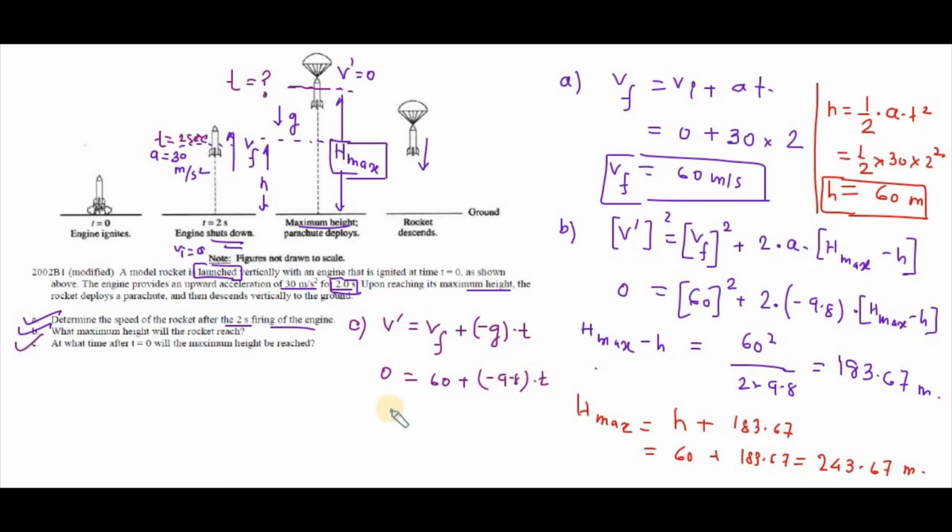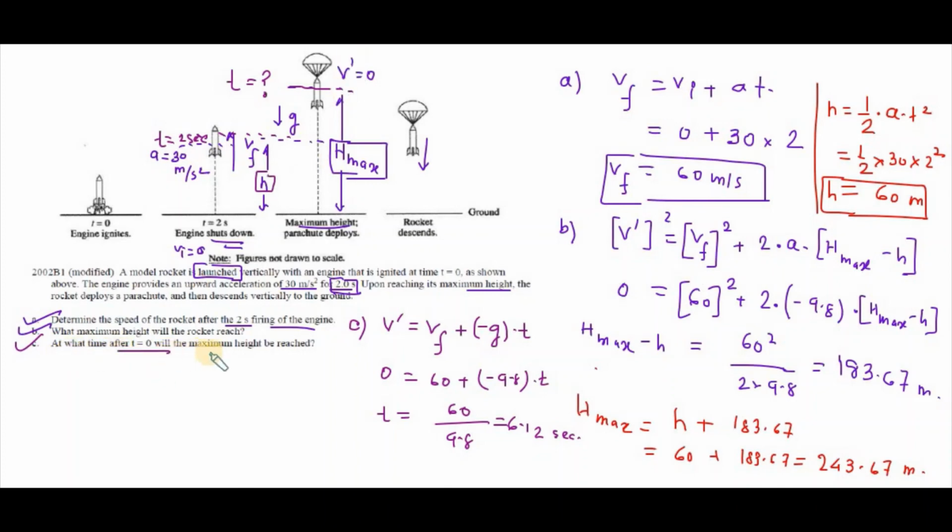So t equal to 60 divided by 9.8, that would be giving 6.12 seconds. So that's the time taken from this height h to the maximum height.